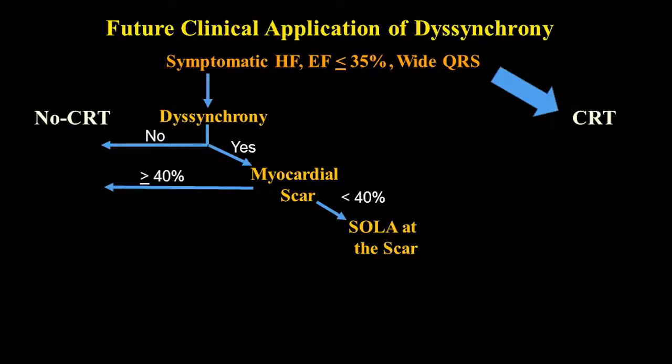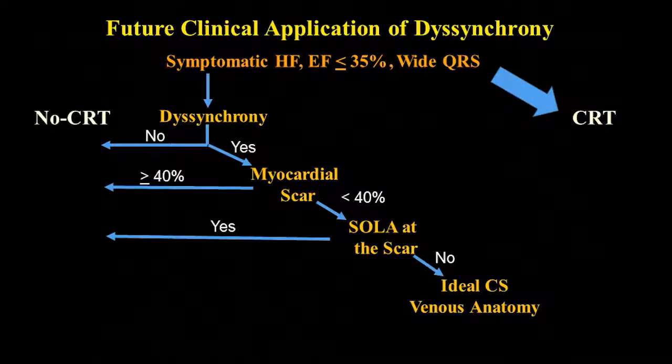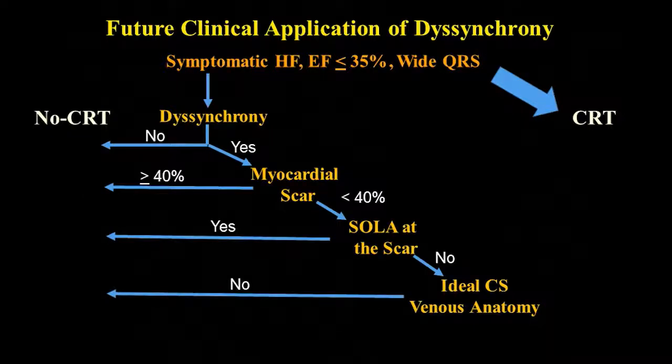Okay, find another appropriate site which is outside of the scar. You find an appropriate site, but your coronary sinus venous anatomy is not ideal, right? Like we saw in the last patient. Even if you implanted a device, the benefit would be less.